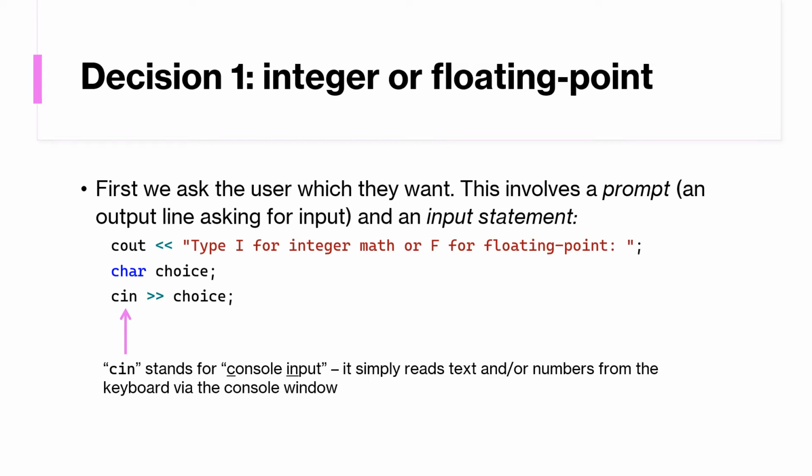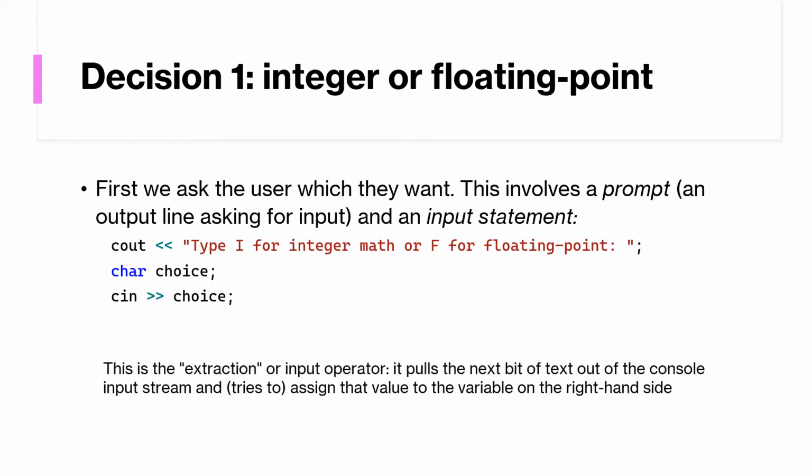And it's going to try, via the extraction or input operator, to put the next bit of text out of the console input stream into the variable on the right-hand side. So choice is a character, so cin is going to read a single character from the input stream and assign it to choice. So there's no chance of that failing.